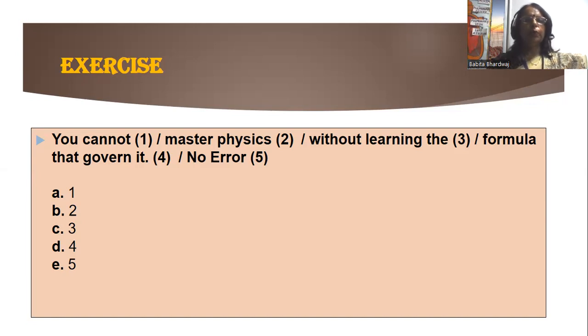You must be knowing that when we use a verb with a singular subject, we use s or es with it. In this sentence, govern is the verb, and with govern we have to use s, so it will become governs. The correction has to be made in the fourth part. You cannot master physics without learning the formula that governs it.